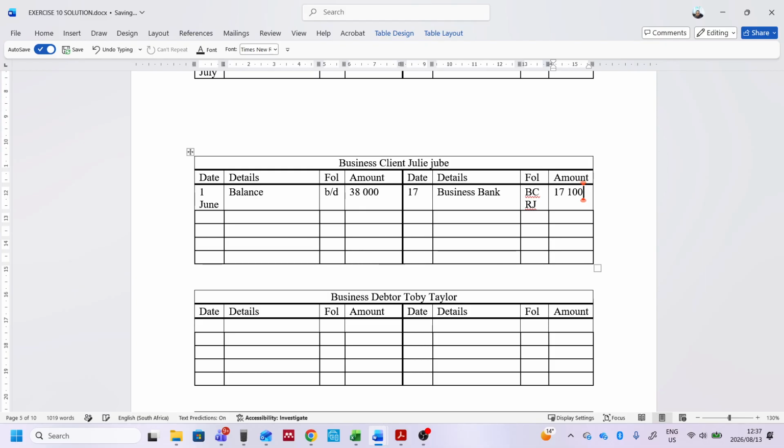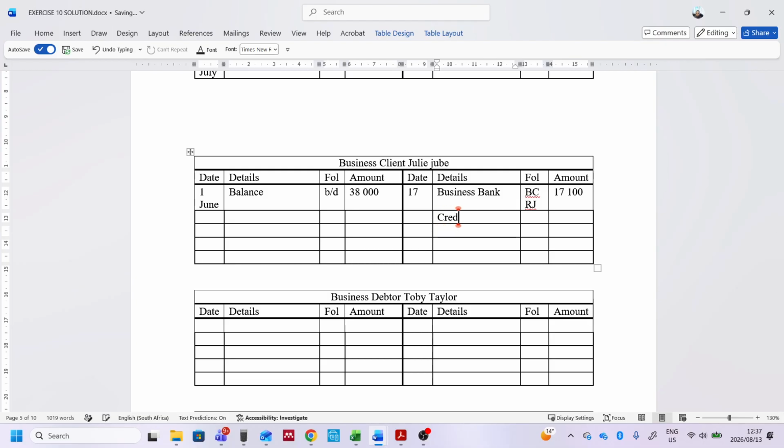And at the same time, we said that there was an amount that was no longer receivable, where we debited credit losses, debited VAT input, and credited the business client account, which is Julie June. So this account was still credited, which means on this side we're going to come on the same day. This also occurred on the same day, so we don't need to write the date again.